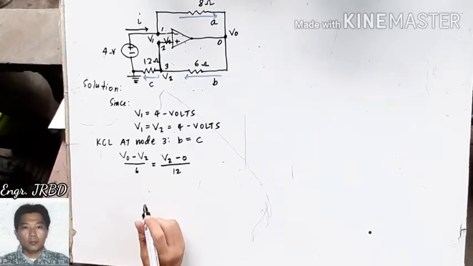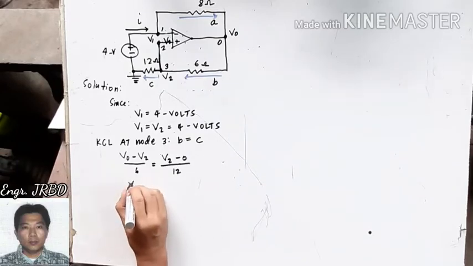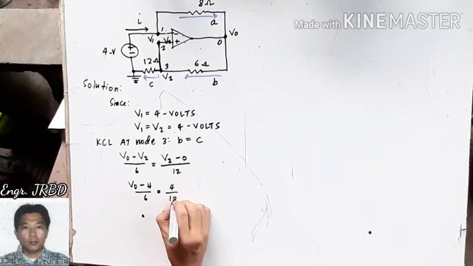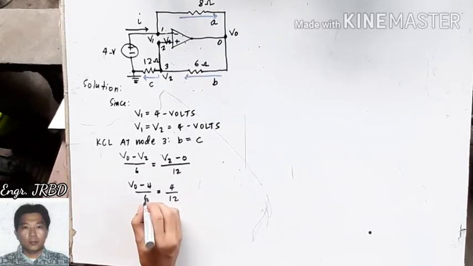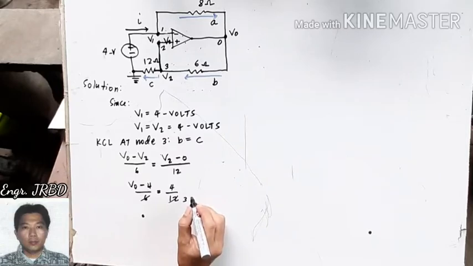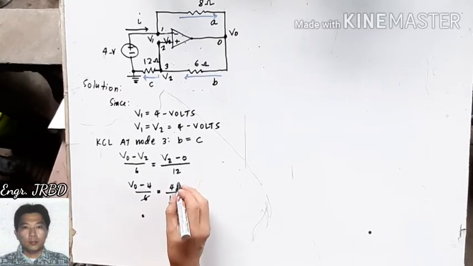V sub 2 is equivalent to 4 volts. So V sub O minus 4 all over 6 is equivalent to 4 all over 12. This will cancel, 3. Okay? V sub 2 is also 4 volts.